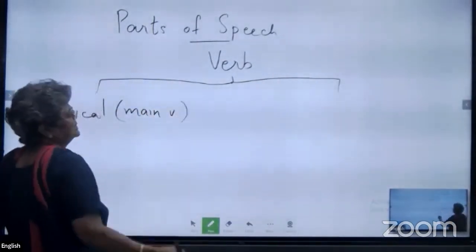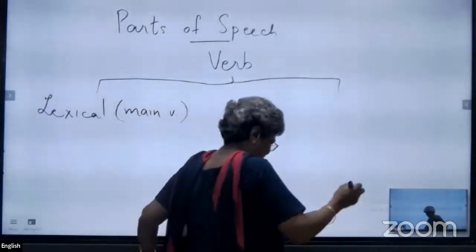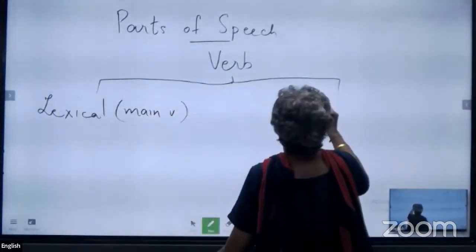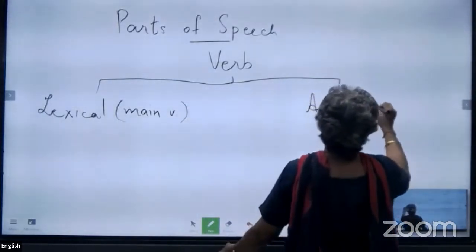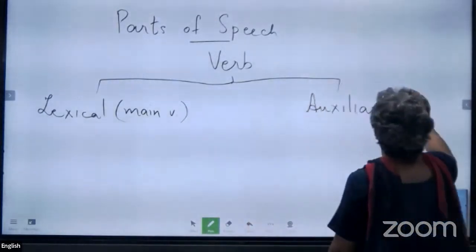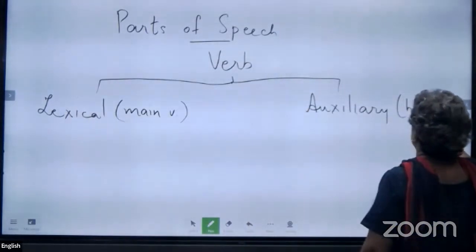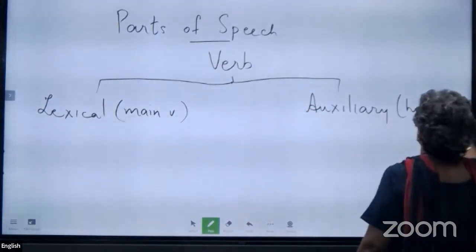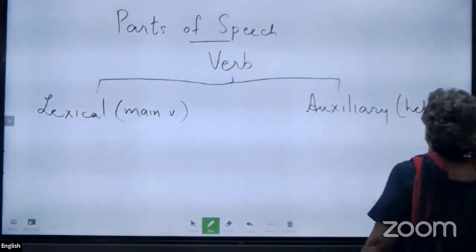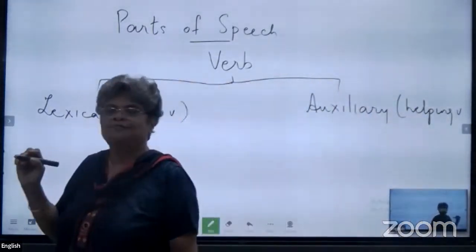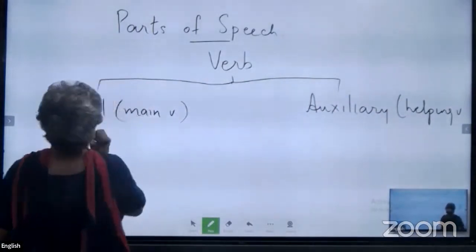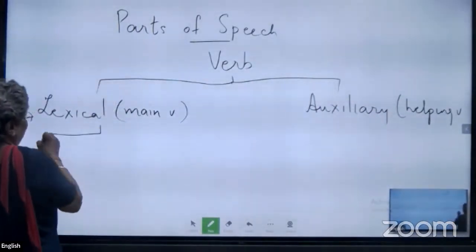The other is the auxiliary verb, otherwise known as the helping verb. This is very, very important, children. Many of you forget about the helping verb. You only remember the action word, which is the lexical, only part of it.